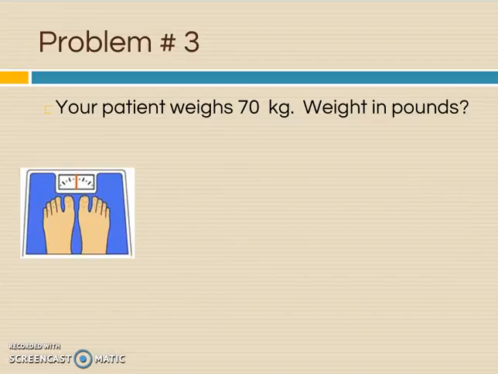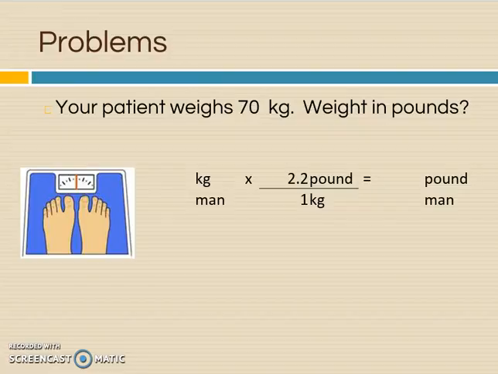Okay, so now we're going to do the opposite thing. Our patient weighs 70 kilograms. So we want the weight in pounds. So we're going to go backwards. And it's the same principle, of course. You take the kilograms worth of person, kilograms in the man, times 2.2 pounds in 1 kilogram.